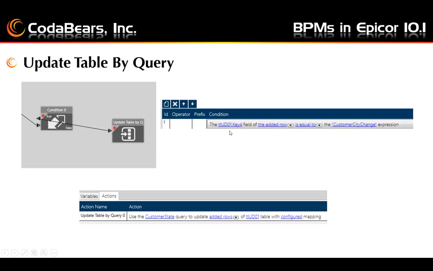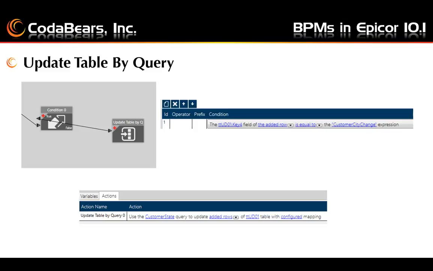And in this case, we're setting up the condition that the UD01 key 4 field of the added row is equal to the constant value of customer city change expression. Again, we want to make sure to connect from the true side to our update table by query. And the other half can be left without a connector, which will just mean that nothing else is done. Nothing will happen if this condition is false.